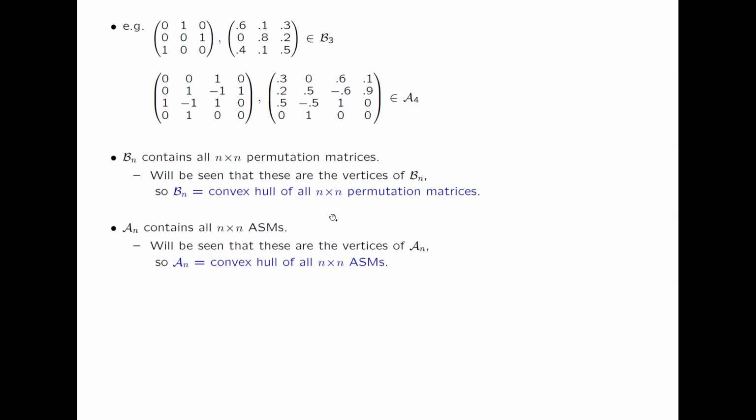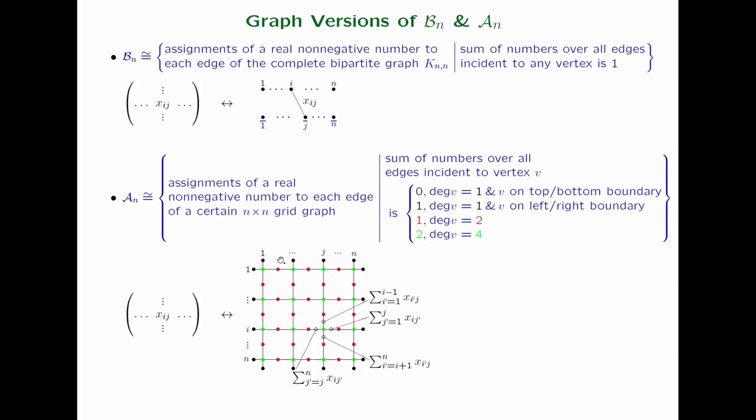We'll also show that A_n not only contains all the n by n ASMs, but in fact that they constitute the vertices of A_n, and therefore that A_n is the convex hull of all n by n ASMs. In order to proceed to the fourth section, which we haven't quite got to yet, we'll need to re-express these two polytopes in terms of graphs.